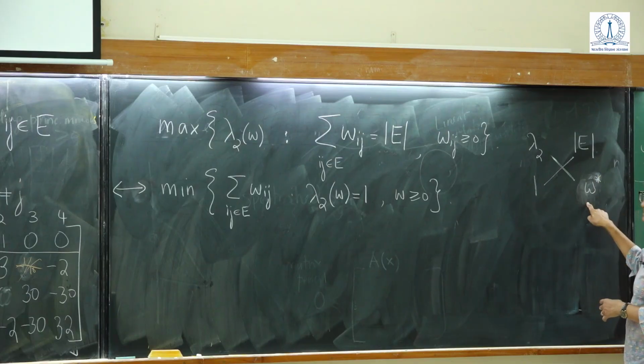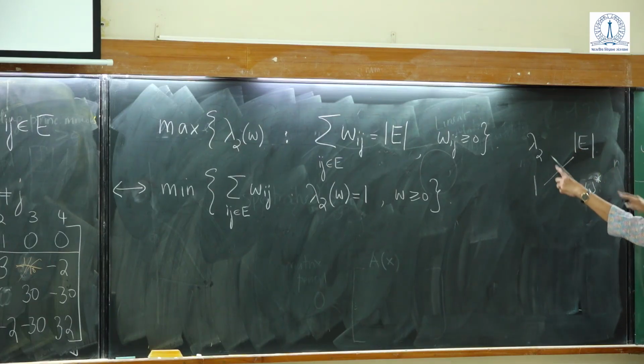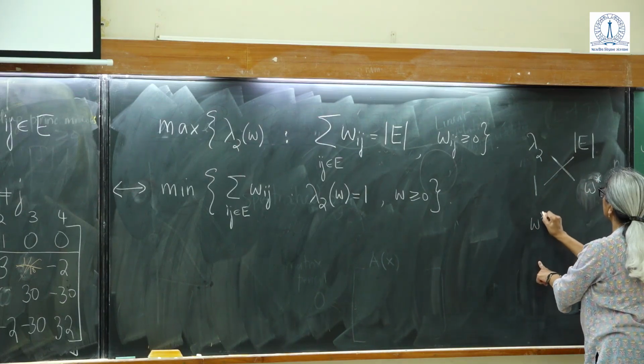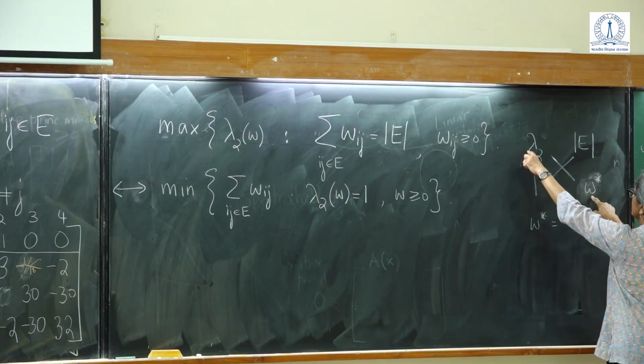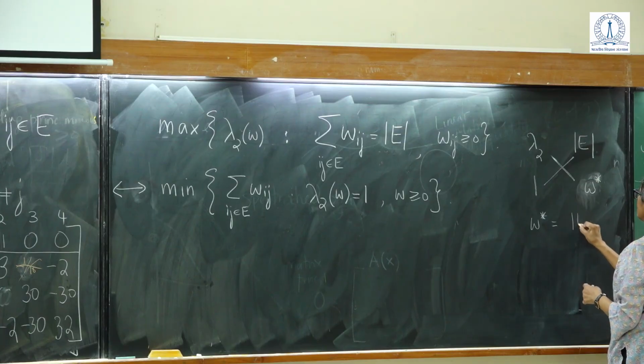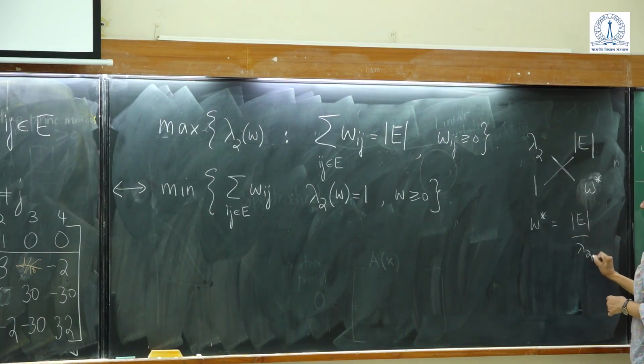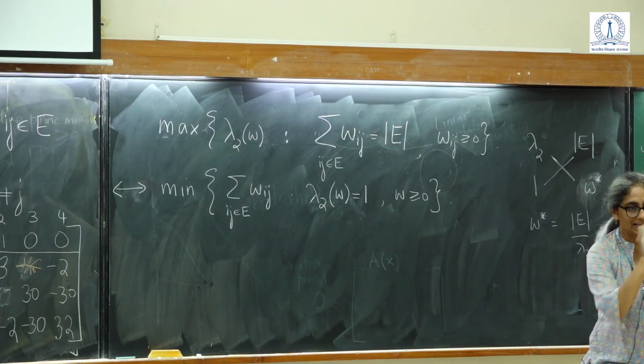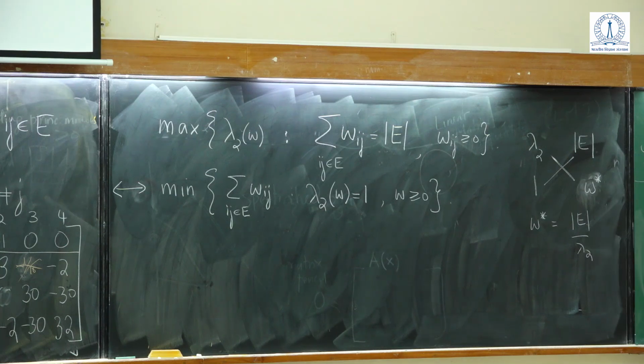W star is not a vector, it's just a number. So they are related like this, the optimal value of the two problems. W star times lambda 2 is equal to E, so W star is E divided by lambda 2. They're not the same problem, but they're equivalent problems. I've just done a scaling trick to it. All right, so that's equivalent.